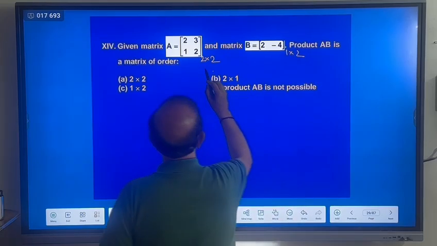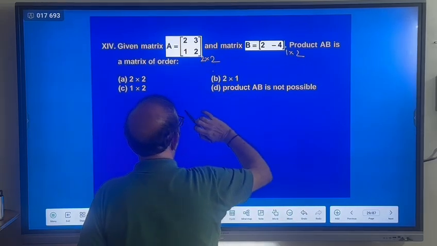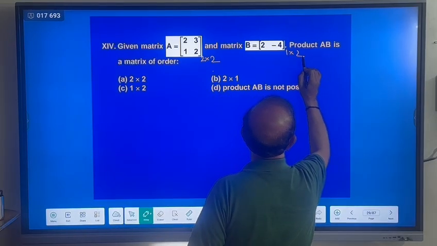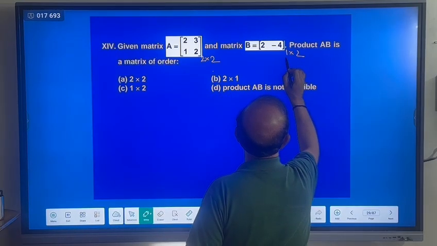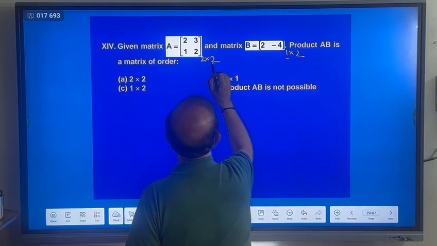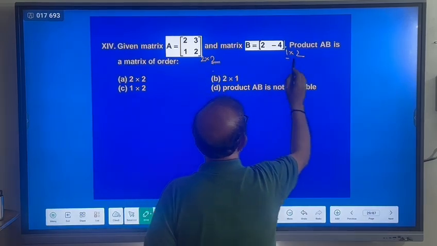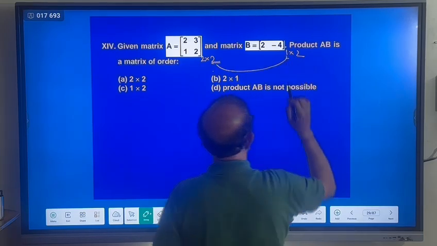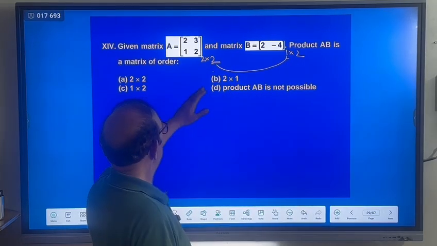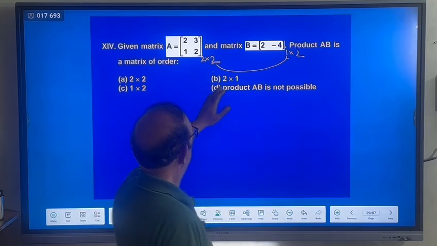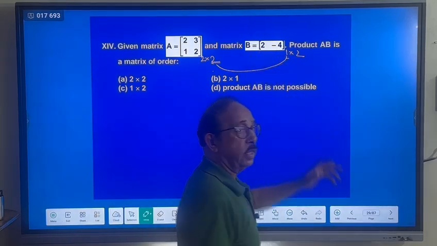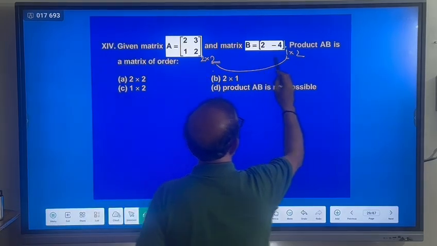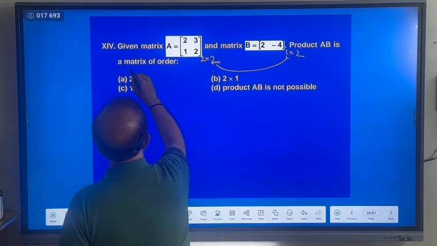1 by 2. The first row, and the second column. Its columns are 2, and the number of rows is 1. The number of columns of matrix A is 2 and the number of rows of matrix B is 1. They are not equal, they should be equal. If they are equal, number of columns of matrix A equal to number of rows of matrix B, then the product is possible. Now he said A is this, B this, product AB is a matrix of order what?